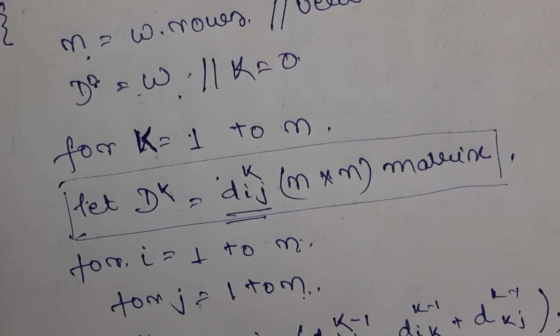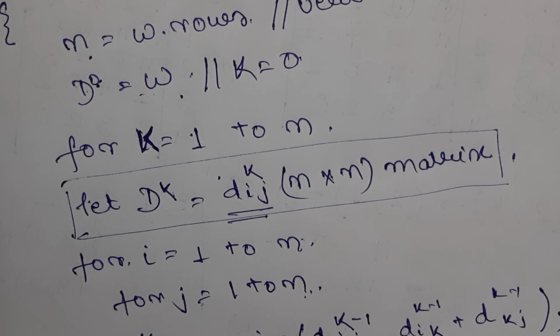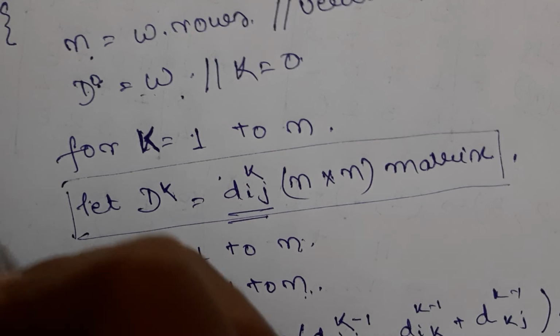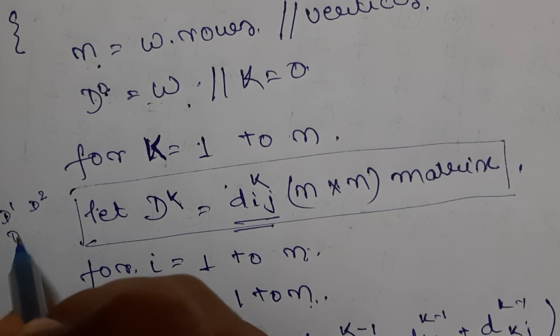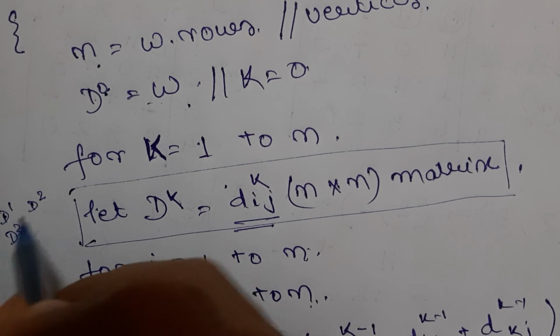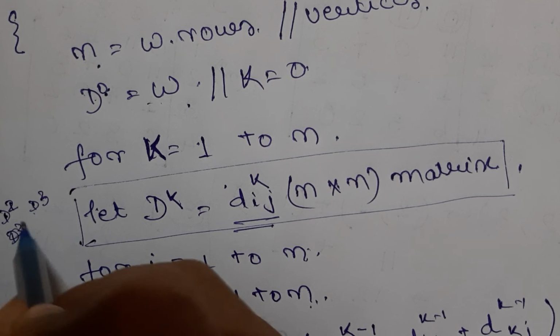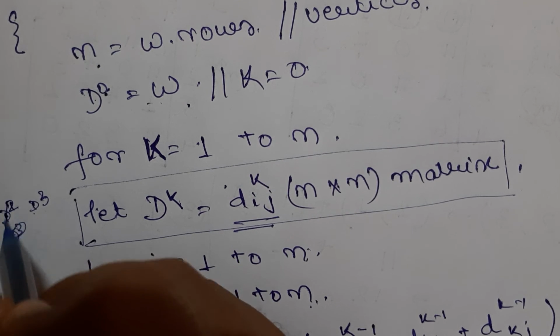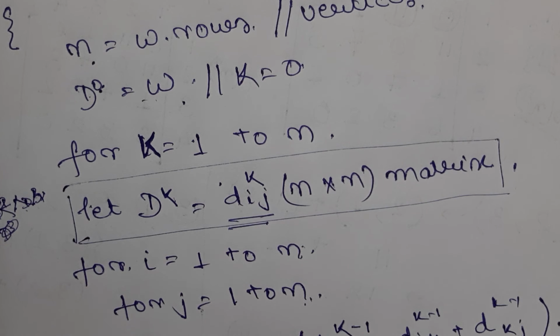It could be done more effectively if we could reuse the matrix. If we create only two matrices, reusing them, for d1 we create a matrix and for d2 we create a matrix. Again, when we are doing d3, we use these two matrices only, meaning we keep d2 and compute d3. If we can do it like that, then it will be an effective algorithm. But as this algorithm cannot be done like that, this is what we can do.